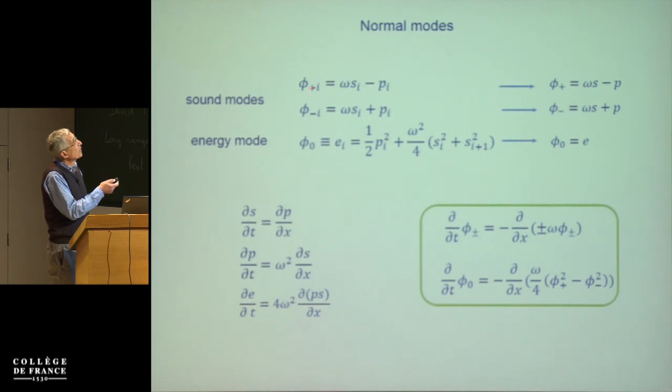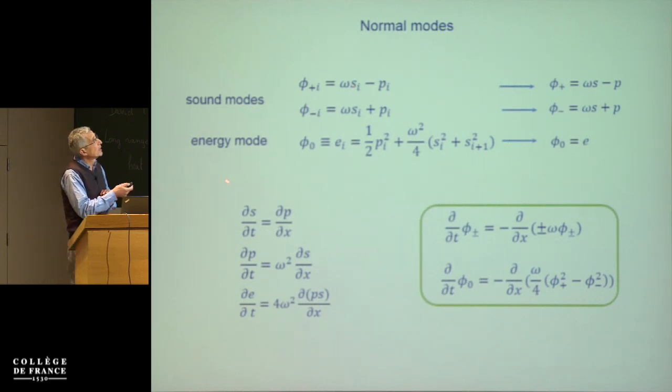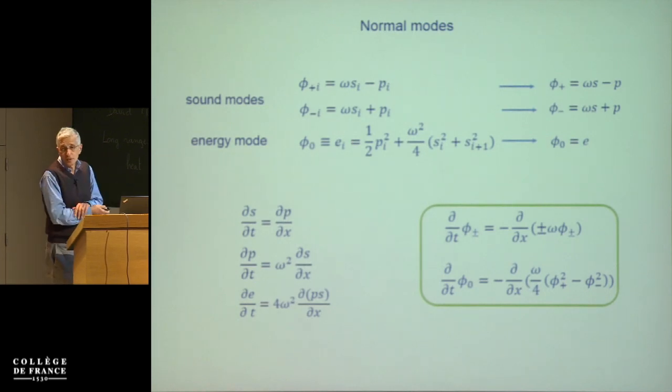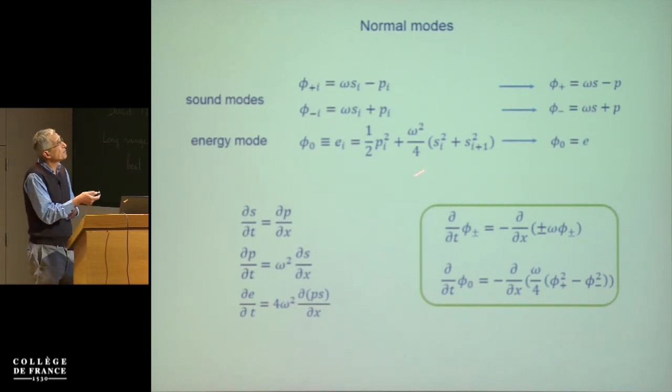There are phi plus, phi minus, and phi 0. Phi plus is basically omega s plus p, phi minus is omega s minus p, and the energy is the third mode.